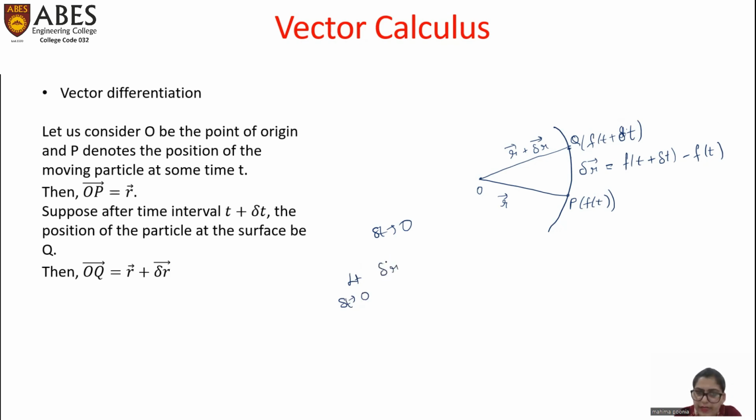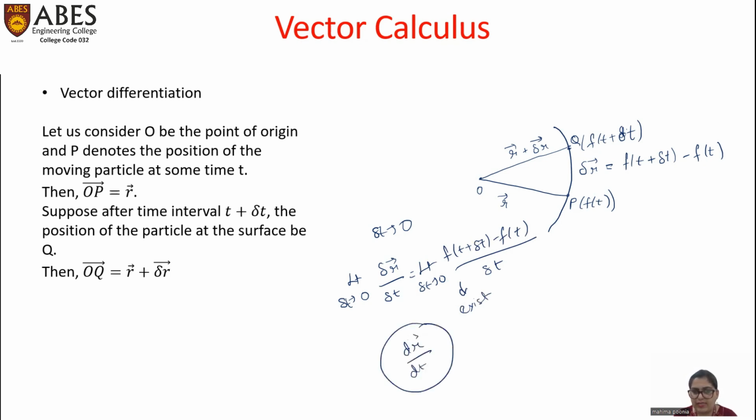Your vector will be delta r over delta t, or you can write it as f(t plus delta t) minus f(t) over delta t. If this limit exists, then you can write it as dr over dt. And this is your vector differentiation.